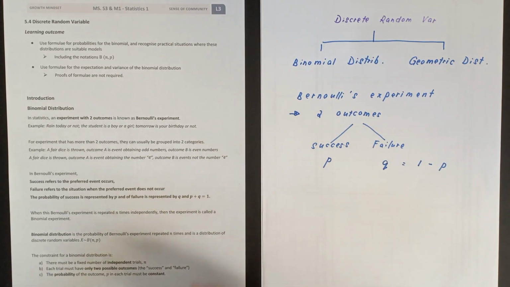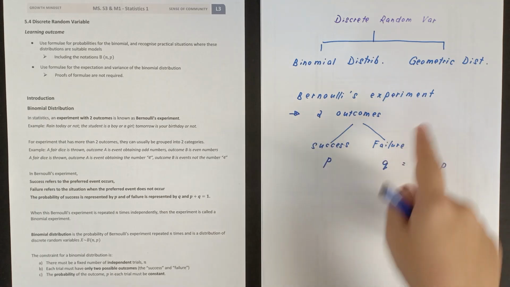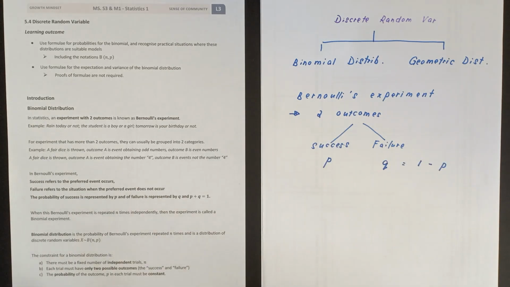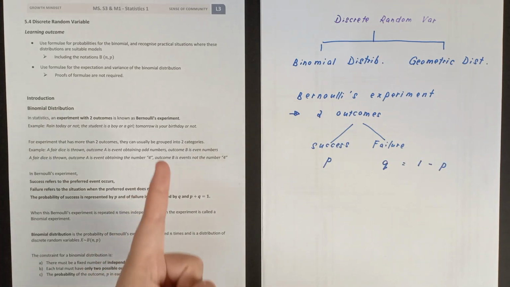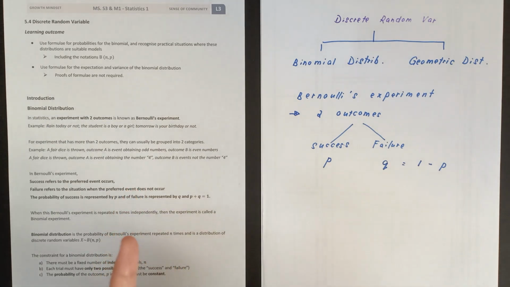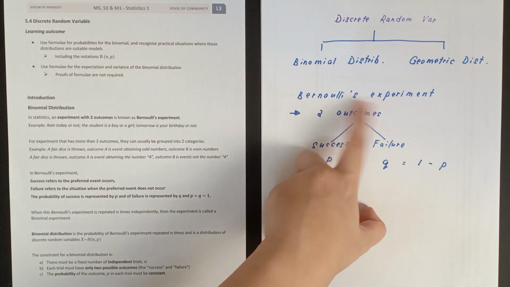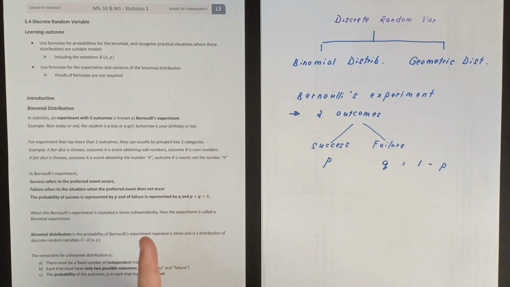For a Bernoulli's experiment, we focus on only one experiment. If you throw a die, and I only throw it once, that is a Bernoulli's experiment, a single experiment.